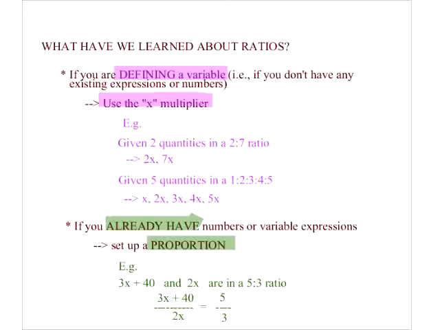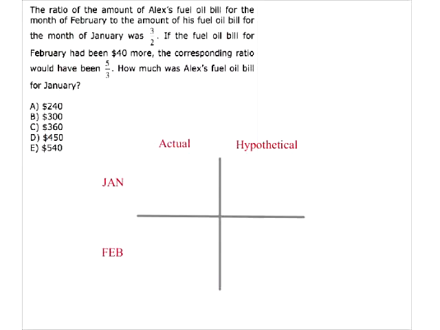Okay. So that's how this works. Let's do one more problem. Actually, before we do one more problem, let's talk about alternative approaches to this. How else could you approach this problem?